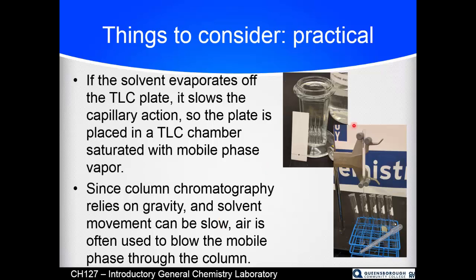So in TLC, you have this chamber for your mobile phase. It can't be very deep. If it goes above the line that you've drawn on your TLC plate, your dot will wash down into the vat rather than have the solvent move up the plate and separate it into its various components. In column chromatography, this is the column here, just a couple of millimeters across.